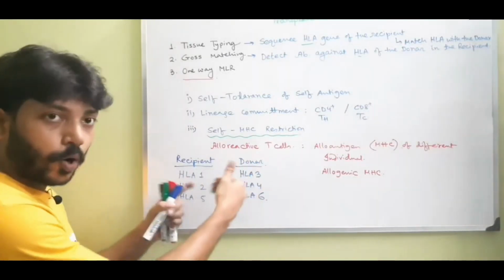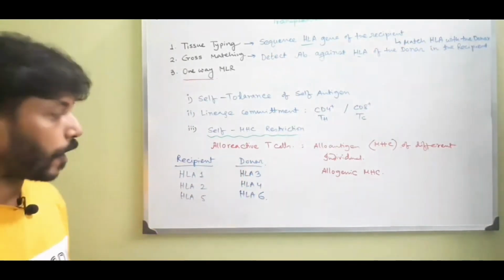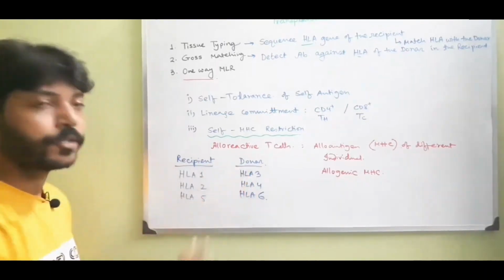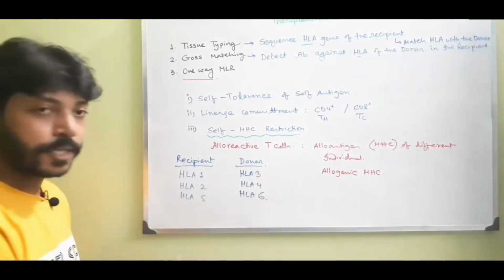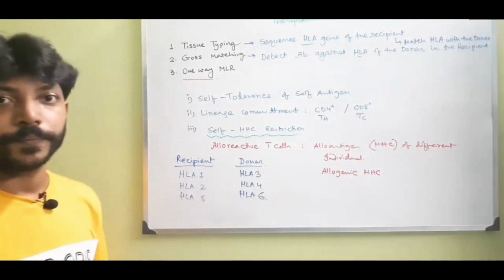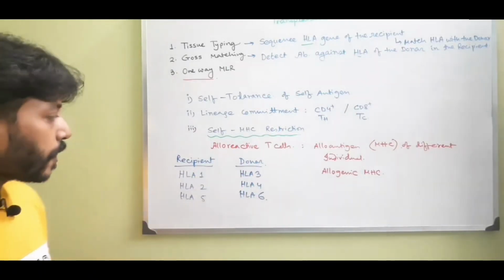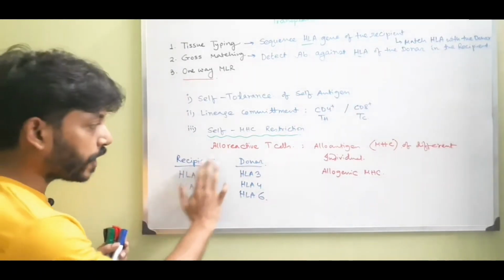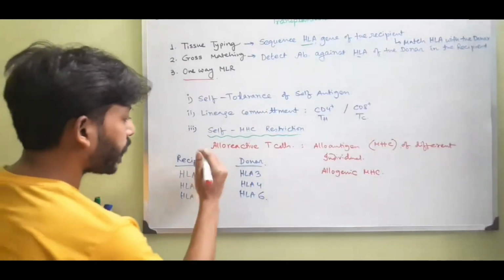When organ or tissue transplantation is performed, they reject. This recipient will reject because they have different antigen, different MHC molecule. These are alloantigen. But the recipient rejects the donor with the help of these alloreactive T cells.